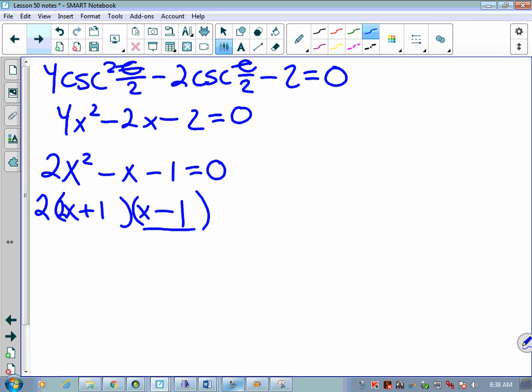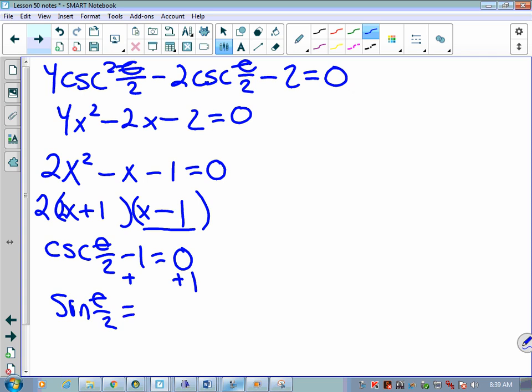So we can take this one again, which looks like we're going to end up with cosecant theta over 2 minus 1 equals 0, which we've already solved. Because we're adding 1, and cosecant is the reciprocal of sine, we multiply by 2 because we know we're getting 90 degrees. Theta equals 180 degrees, and again, that's the only answer for that.